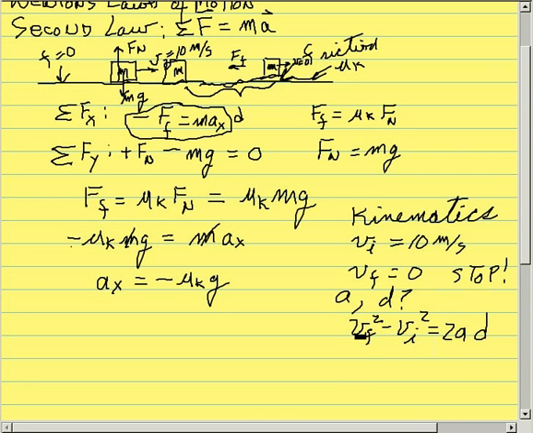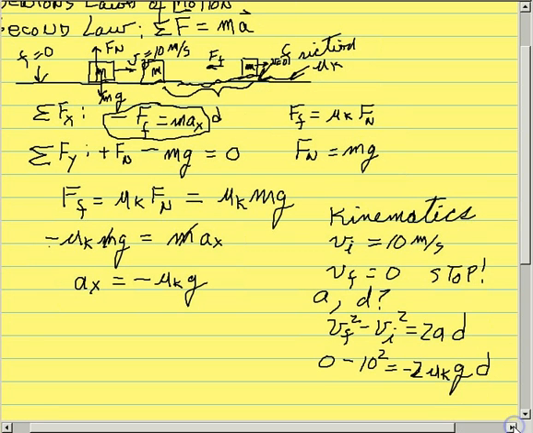So we put the values into this equation. We get 0 minus 10 squared equals minus 2 mu k g d. And now I don't think it's very far to go to solve for d.